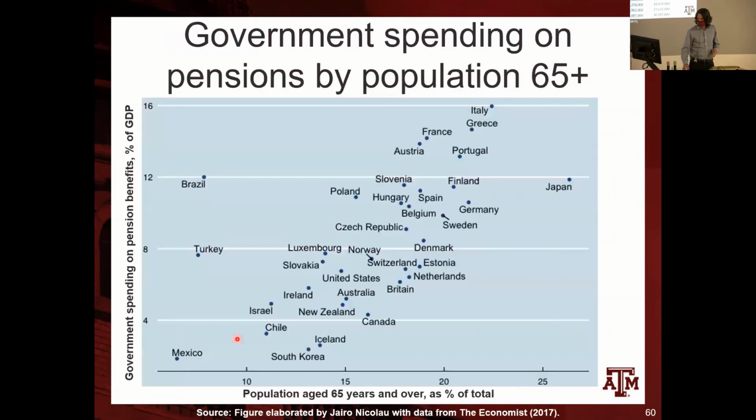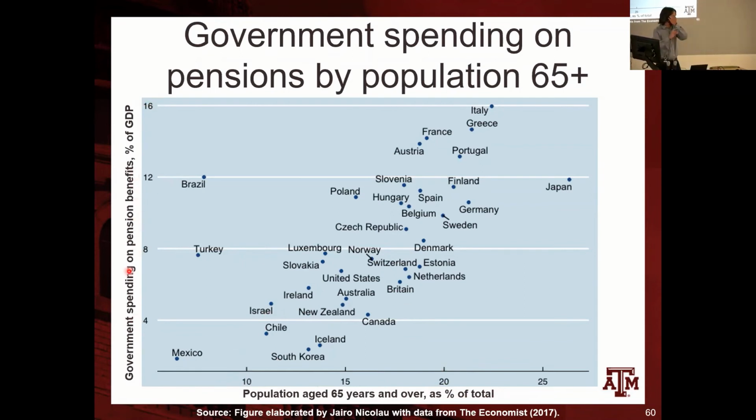And this graph here is just to show why demography, why understanding population aging relates to other areas in our society. The Economist in 2017 organized this data for several countries, getting the population age 65 years and over as a percentage of the total population in the horizontal axis, and then in the vertical axis, the government spending on pension benefits.